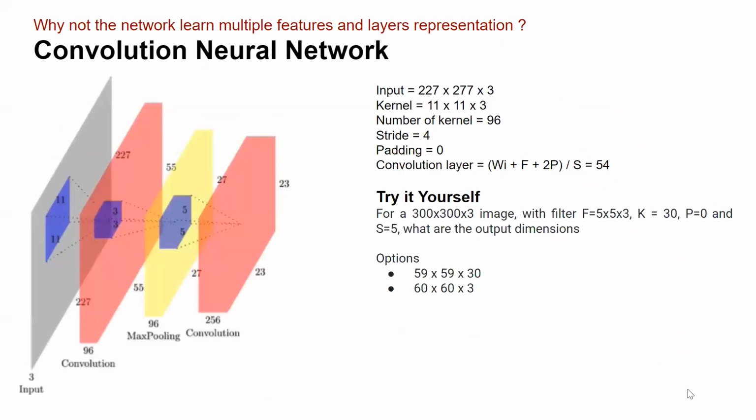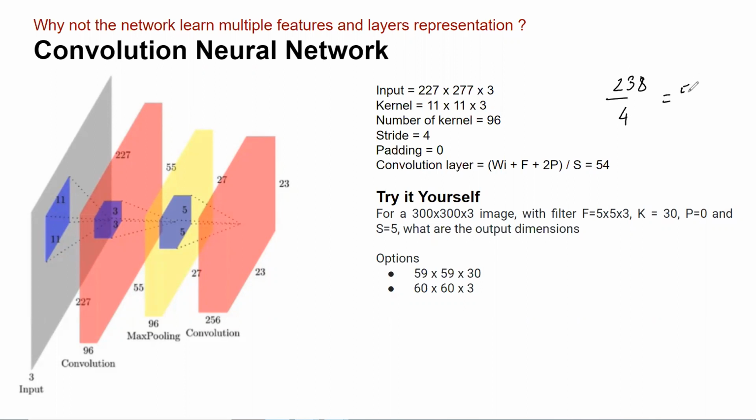Okay. So this is the calculation for computing the output. If we put the values in the formula, can you do this quick calculation? 227 plus 11 is 238. 238 divided by 4.